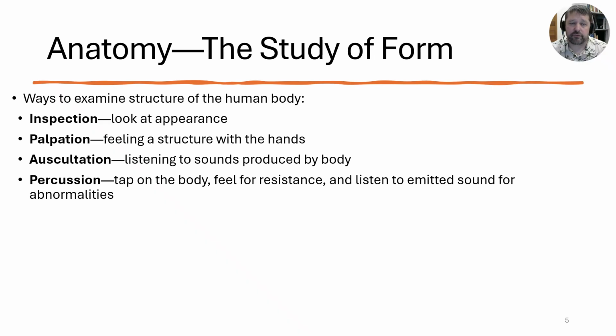Palpation: you can feel it with your hands. You can do auscultation: listen to the different sounds the body makes. When we get into the cardiac cycle and whatnot, you'll want to be able to do that. Percussion: you can tap on the body and feel the resistance. You can listen for the emitted sound or abnormalities.